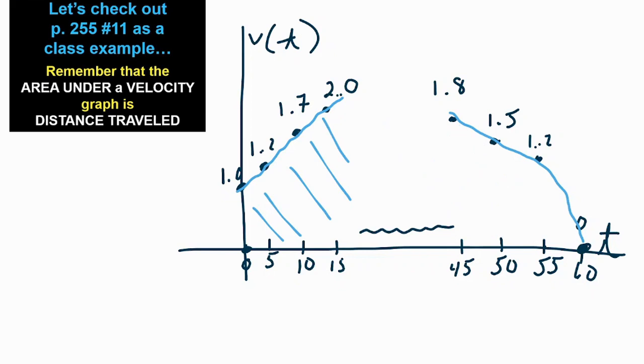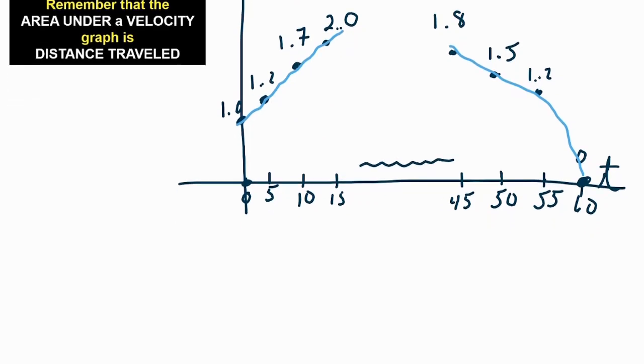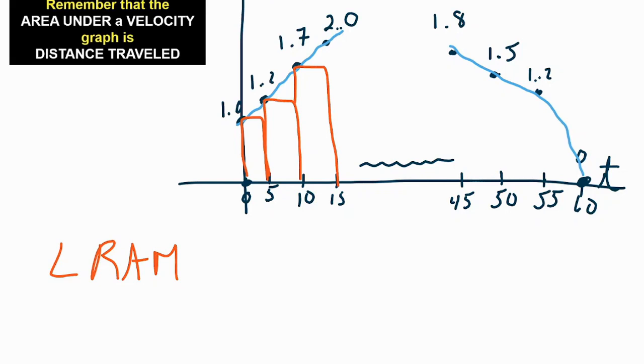Okay, now I'm going to get rid of these blue lines because I want you to see that if we now start to think about the LRAM, we can do the same thing that we did yesterday when we were drawing some of these graphs. We can go to the left side of the interval and see a rectangle. If I go to the left side of the next interval, each one of my rectangles is going up here and meeting with the velocity.